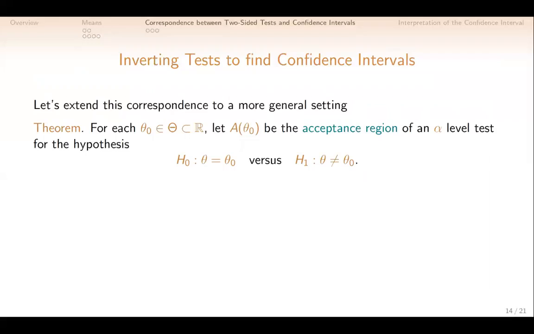And I'll let A of theta naught be the acceptance region of an alpha level test for this two-sided hypothesis: theta is theta naught, or not. Theta is not equal to theta naught for the alternative. And I'll let X be the data, which comes from the sample space. And what I'm going to do is find C of X to be those parameter values so that X is in the acceptance region.